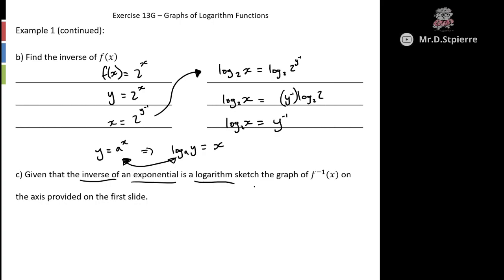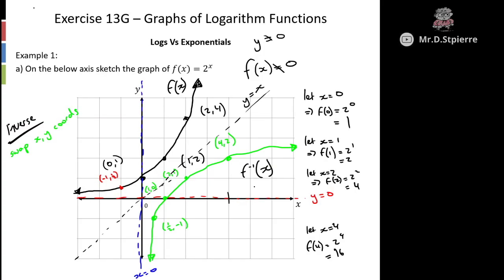Rightio, so that's a quick demonstration of what a graph of a log looks like. We have a vertical asymptote. The line still gets bigger and bigger, but it gets large in the x now much quicker than it does in the y.